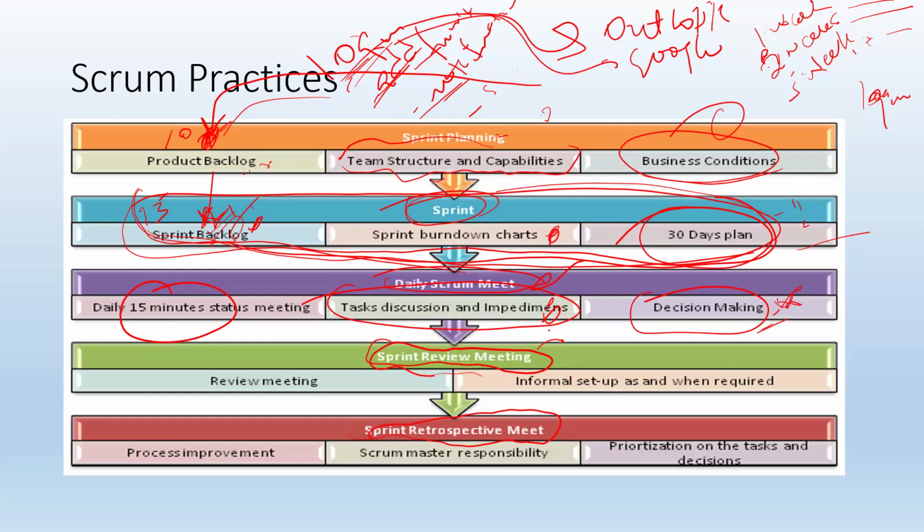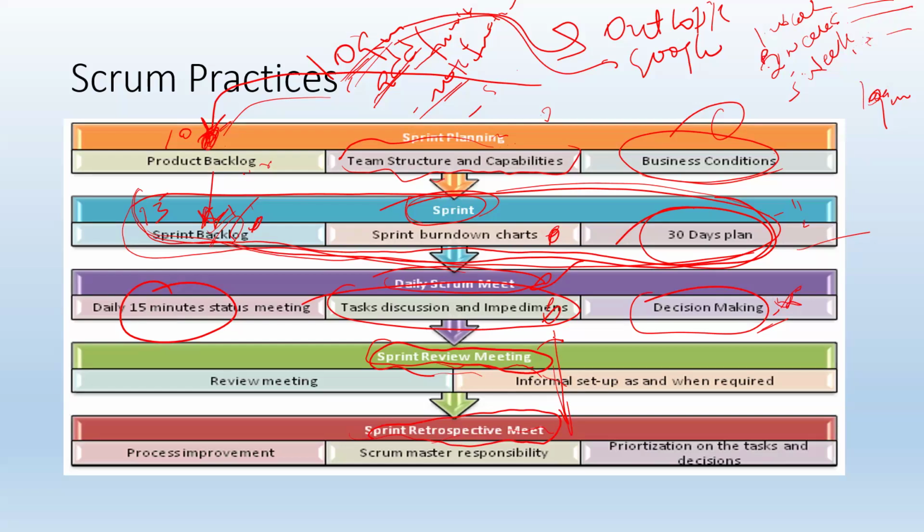In some organizations, they do it together. The sprint review meeting and sprint retrospective, they do them all together. In review, as soon as the sprint is about to complete, we review it. So the review meeting and sprint retrospective are in one phase only.